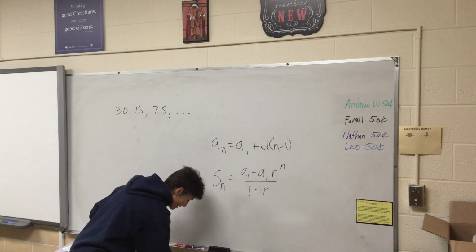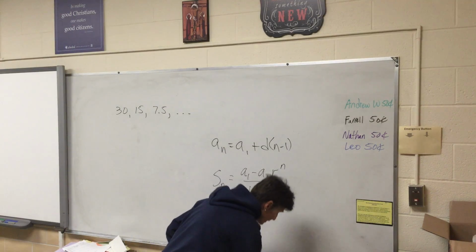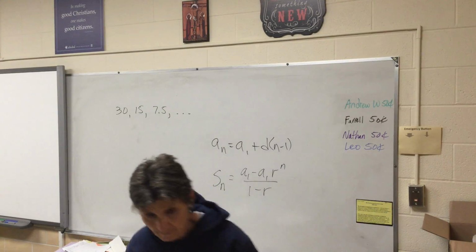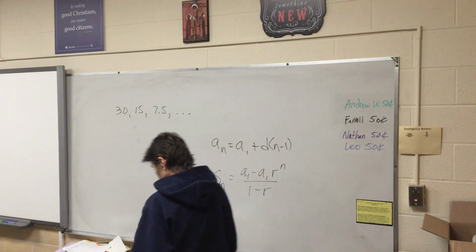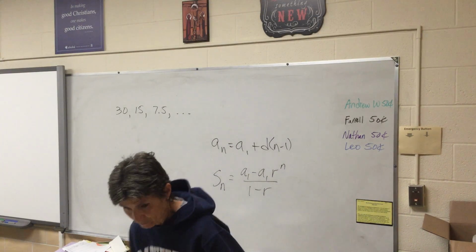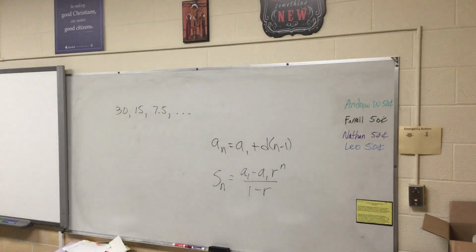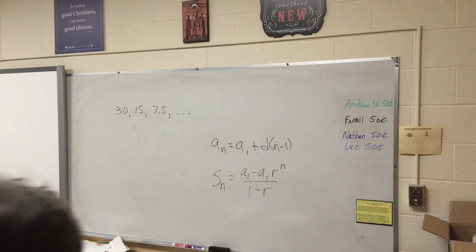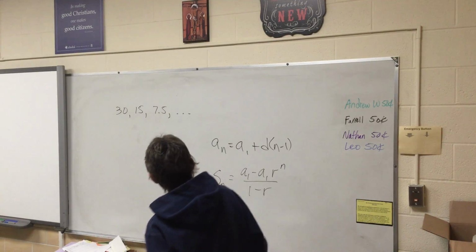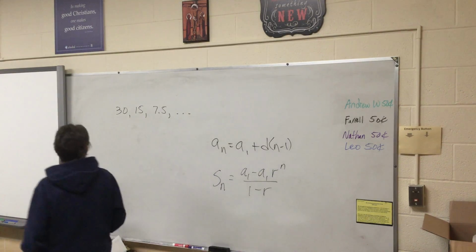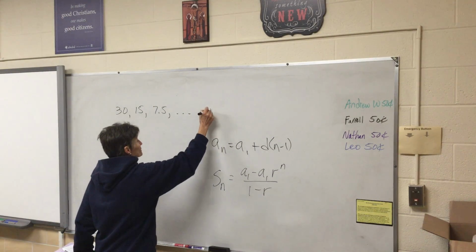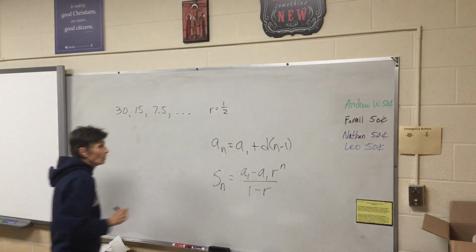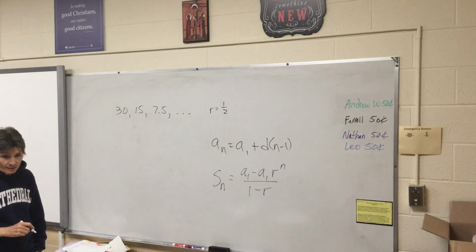In other words, you're figuring out if it's arithmetic or geometric, and then you're figuring out the common ratio. It's geometric and you're multiplying by a half.